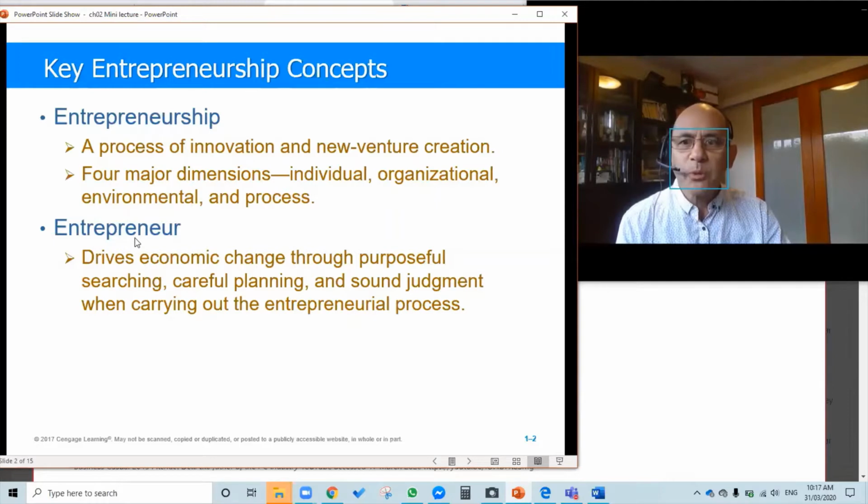So what is an entrepreneur? An entrepreneur drives economic change through purposeful searching, careful planning, and sound judgment when carrying out this entrepreneurial process that we just described. By the way, there are 4 dimensions to being an entrepreneur. One is the individual dimension, which means being an entrepreneur for yourself.